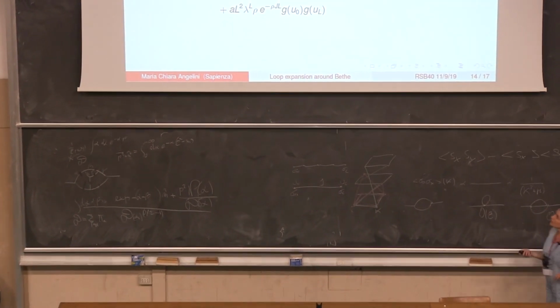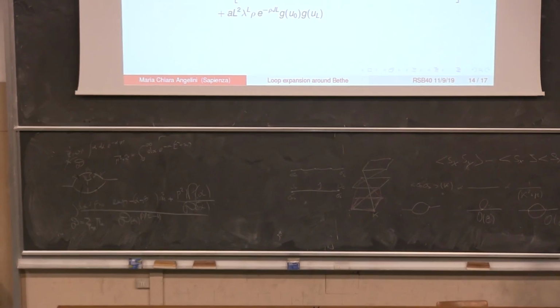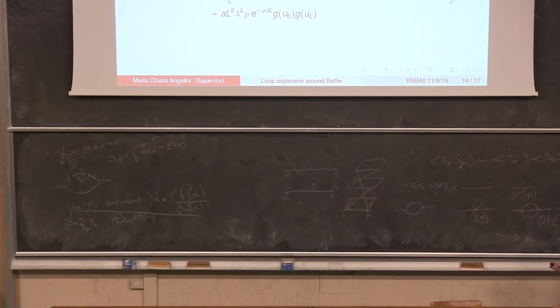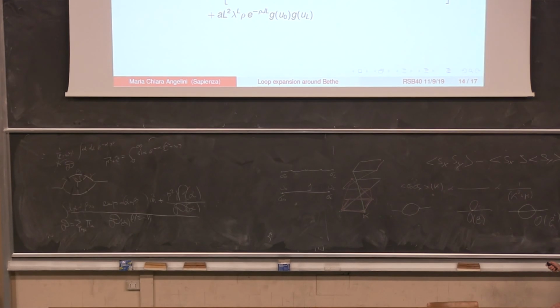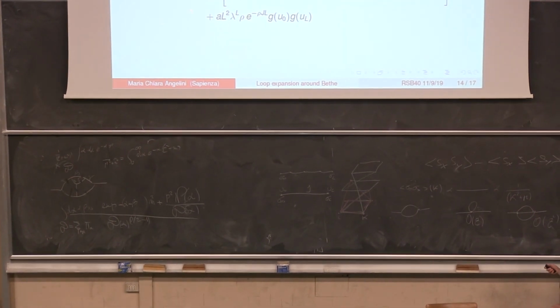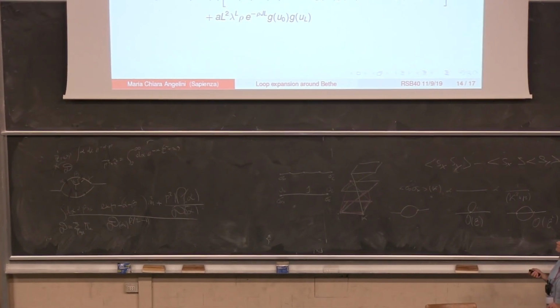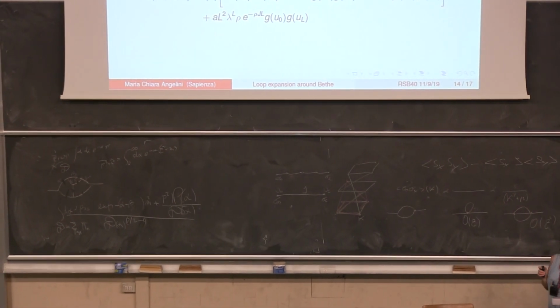And then what we found is an ansatz for this coupling and these effective fields at length L. So you have an ansatz, okay? Just a few words on this ansatz.